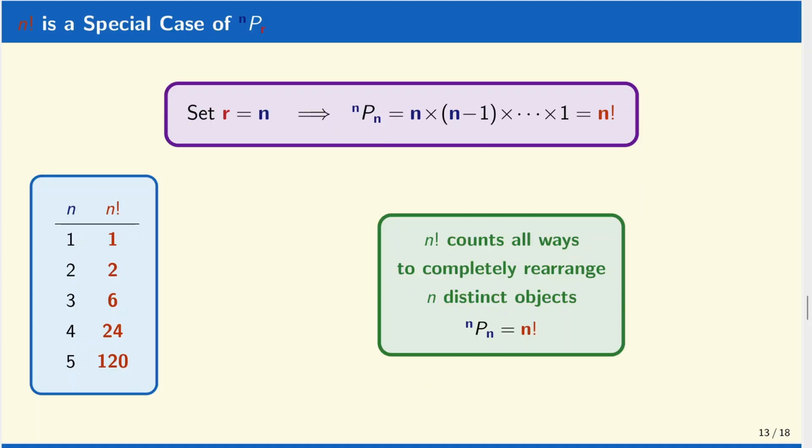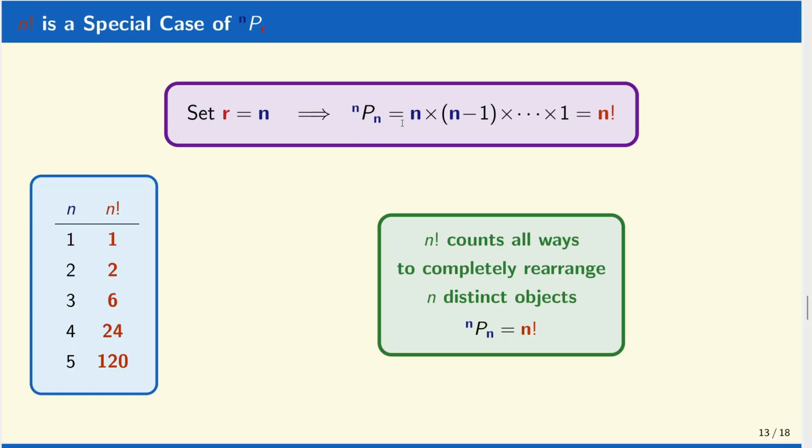Let us explore a fascinating connection. As we can see on this slide, titled n factorial is a special case of nPr, we are looking at what happens when we decide to arrange all of the objects we have. If we set the letter r, which is the number of objects we are choosing, equal to the letter n, which is our total number of objects, our permutation formula becomes nPn.